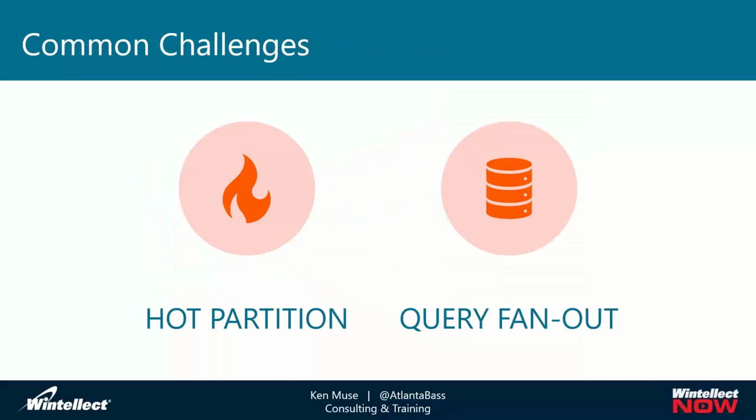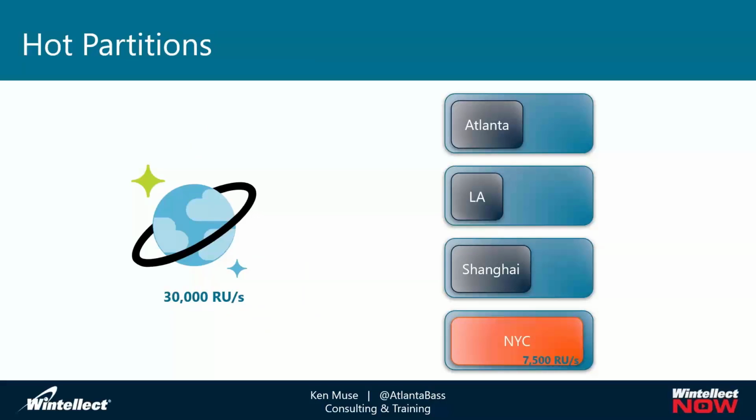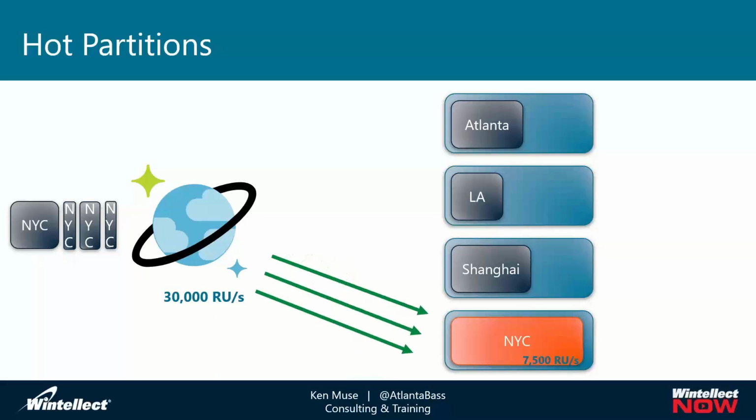Now, a common challenge that comes from this comes from the hot partition or a query fan-out. If either of these situations exist, the performance of Cosmos will suffer. Let me give you some examples. Let's say I've got a number of records that need to be written, and they're all coming in very rapidly, and they're all coming in for New York City.